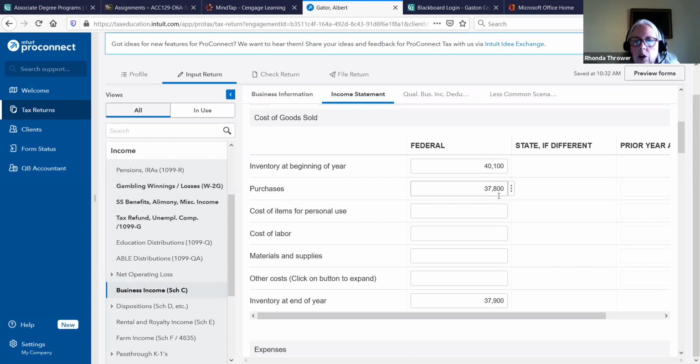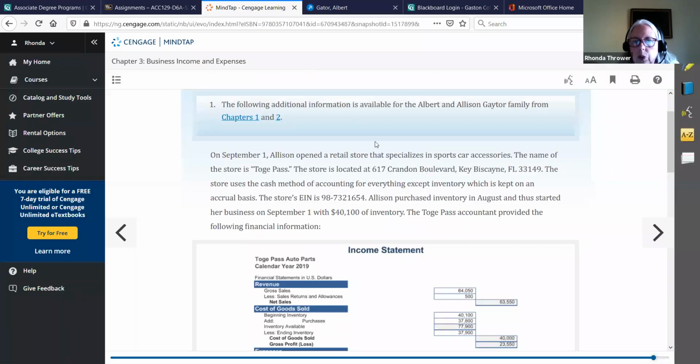And then we're going to simply enter in the rest of the information that was given to you about the cost of goods sold. So right here where it's got inventory available, they don't ask you to record that in ProConnect because that's just the addition of these two. ProConnect's keeping up with it. But they do ask that you enter in the ending inventory amount, which was $37,900.